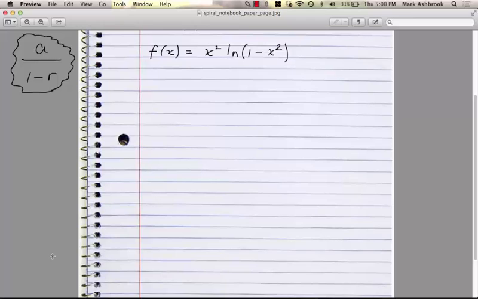Right? Like, you're taking the derivative. We're just taking the derivative. You're just taking the derivative, negative 2x, of that. Constantly you're taking the derivative of that.